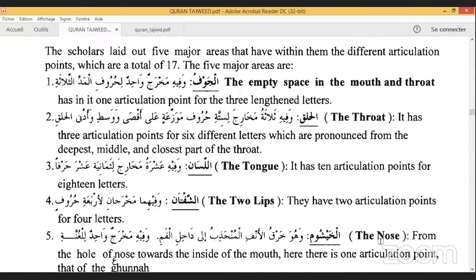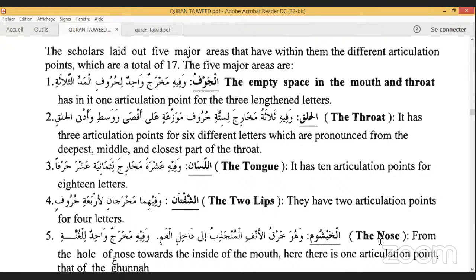Al-jawf, this is the first makhraj of the 5 major makharij. It is the articulation point for 3 lengthened letters. So this is the makhraj of harf al-mad, the jawf, the empty space.